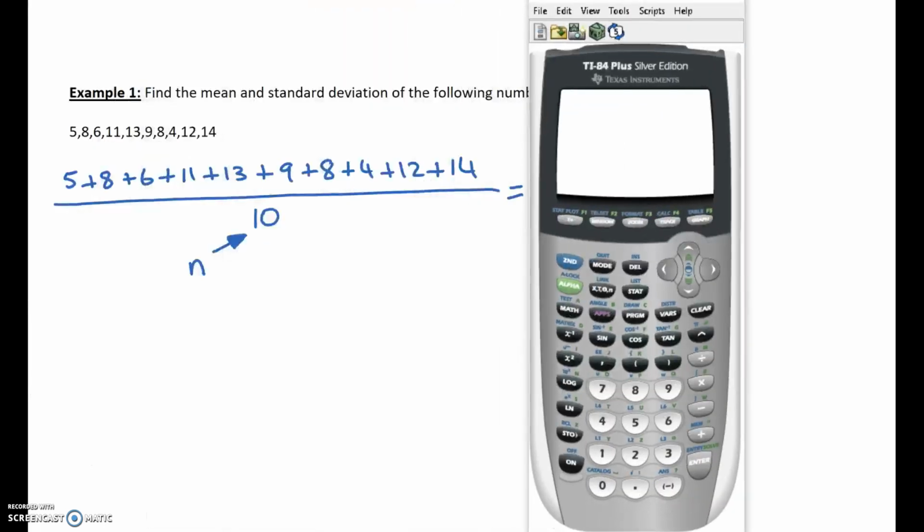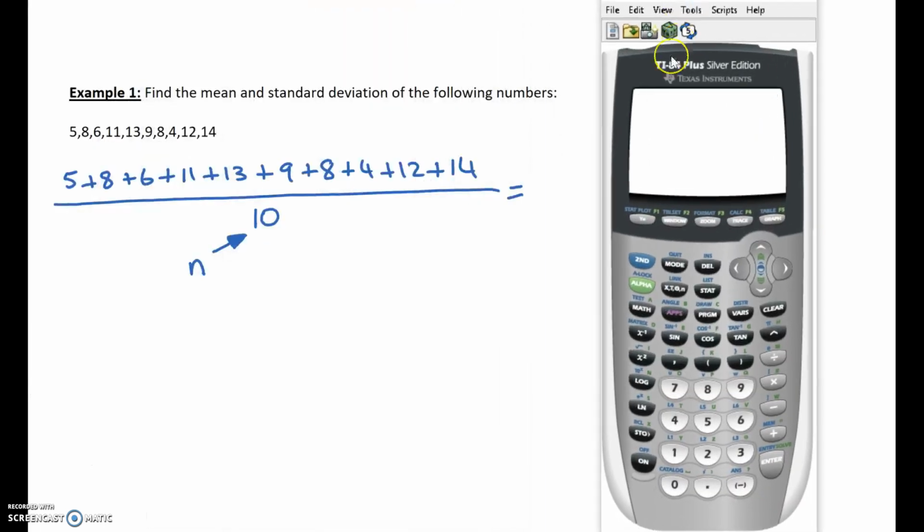And if we bring that over here, we can see that it's 5 plus 8 plus 6 plus 11 plus 13 plus 9 plus 8 plus 4 plus 12 plus 14, and that's equal to 90.